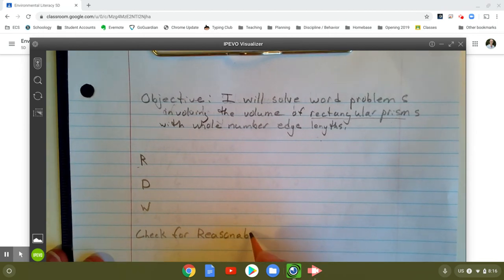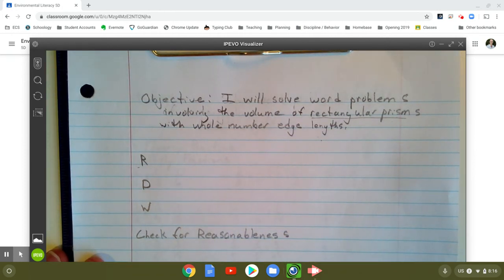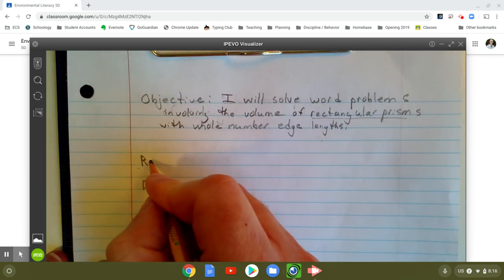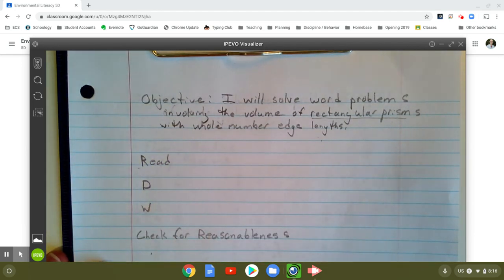Does it all make sense? Remember, I did an RDWC a few times when we were taking notes, but the C just never really clicked for us. So read it, maybe a couple times, get a sense of the problem, draw.